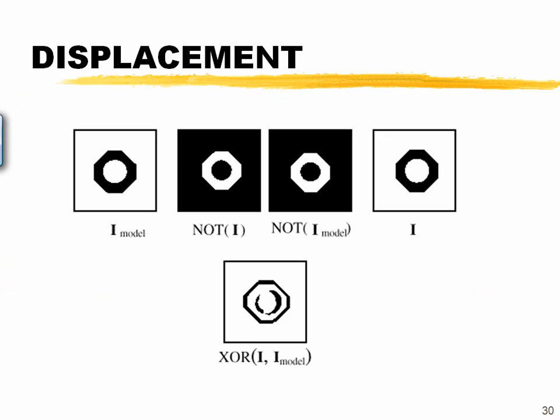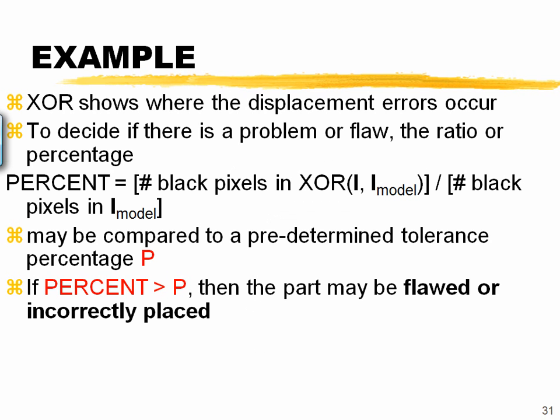Right? If I have a model that I'm trying to compare against an image that I acquire, this is the result of the exclusive OR. Now, of course, once I get this, I need to do something more in order to figure out whether I'm going to accept this particular part or not. Okay? Well, that's dependent on the specifications you're given within which the vision system needs to work.